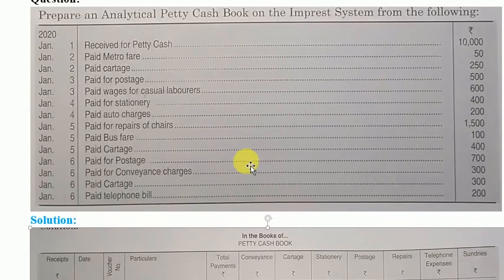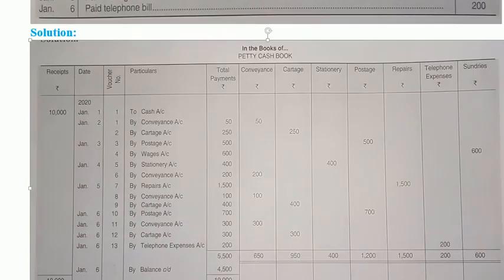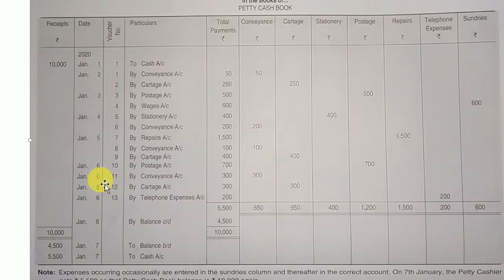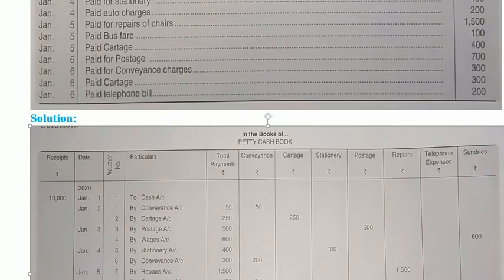And now proceed towards another expense, that is paid for conveyance charges worth rupees 300. So you can see that on January 6, by conveyance 300 is recorded in the total payments column, and we'll do the same, we'll record these expenses in the conveyance column also worth rupees 300.